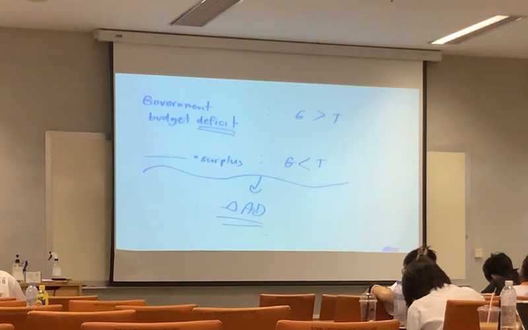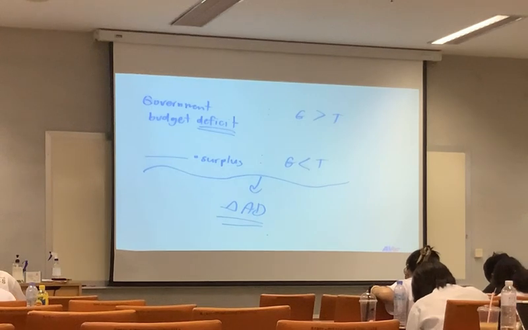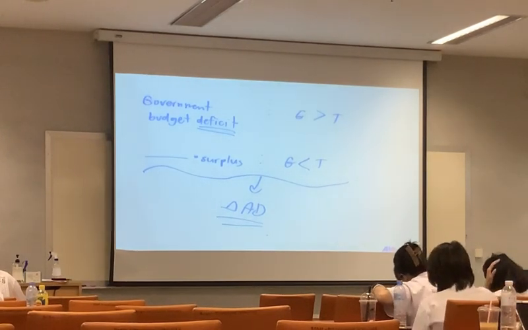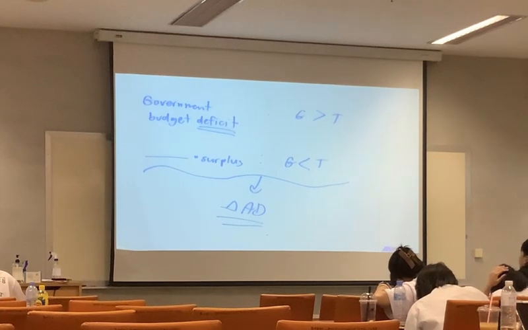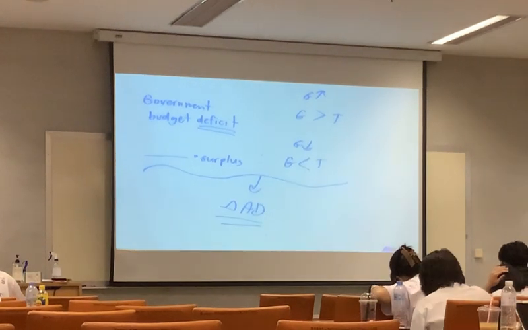The questions will be in the form of, sometimes I won't tell you directly that G increased or G reduced, but I can tell you, for example, that the government is using a budget deficit, so you know that G increased. Or I tell you that the government is using a budget surplus, so G will reduce.